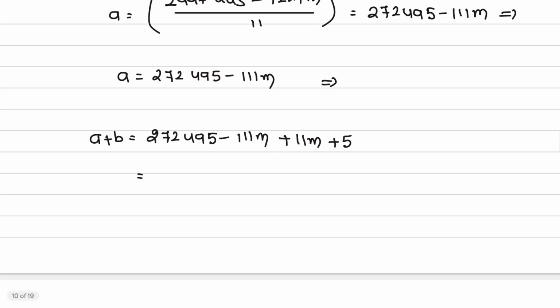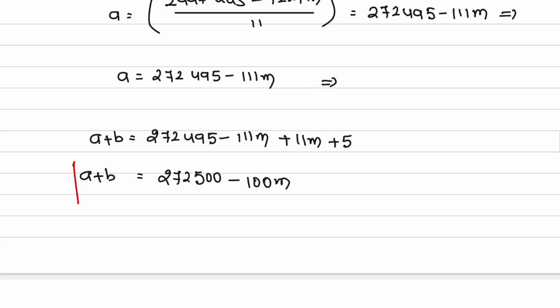That is equal to 272,495 plus 5, 272,500 minus 100m.